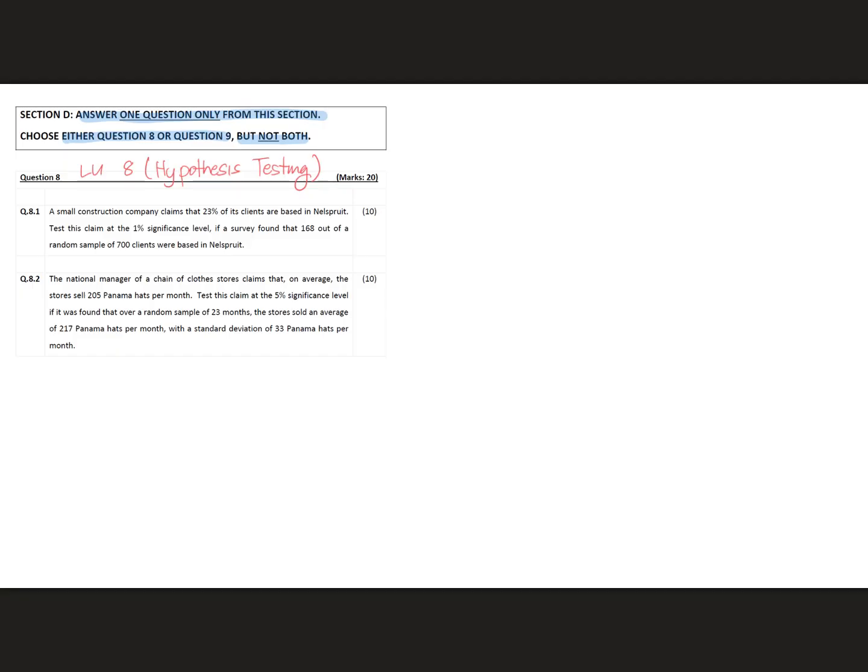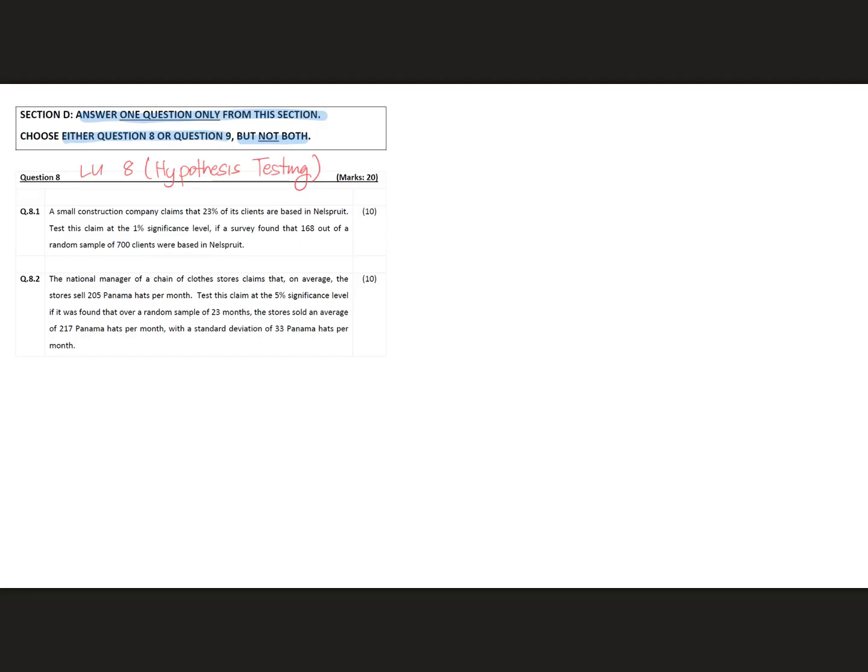Question 8.1 says a small construction company claims that 23% of its clients are based in Nelspruit. What's important to note from this question is two things. Firstly, from that opening statement, the first and most obvious thing is that we're working with proportions.